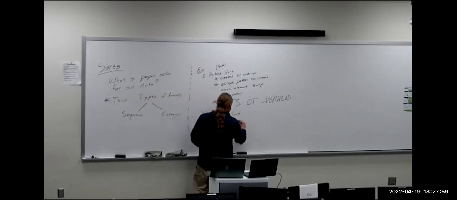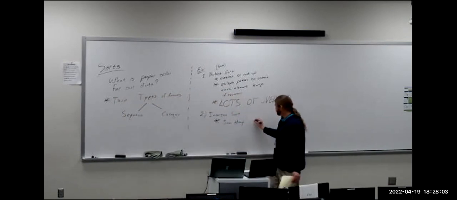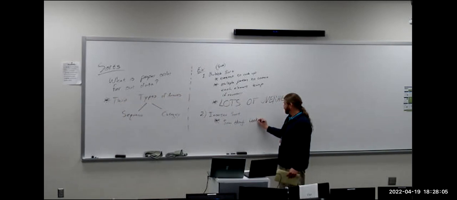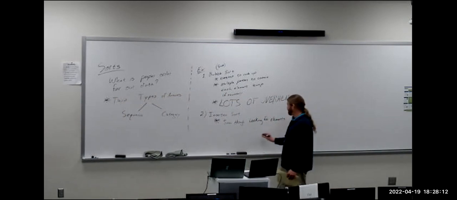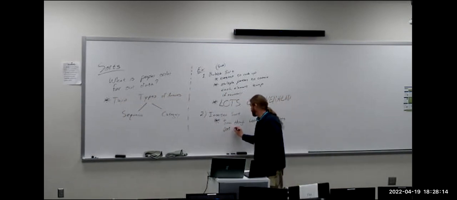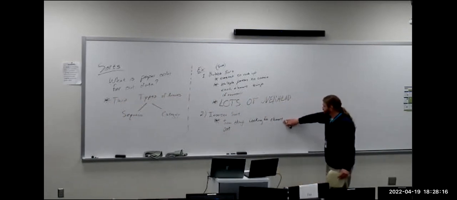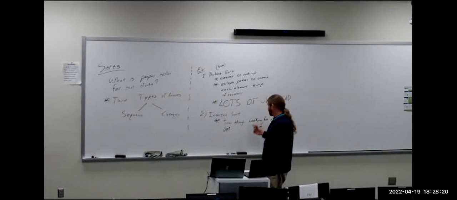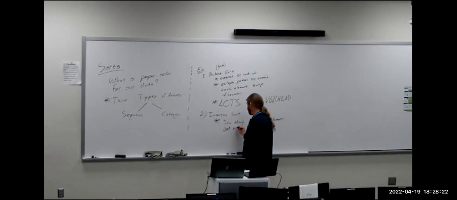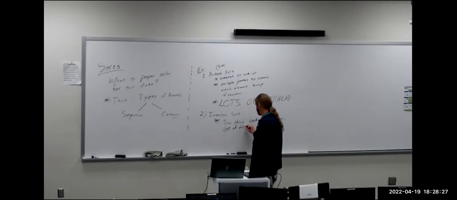Scan through, looking for elements out of order, which we obviously have to do one at a time because it's a machine. Look for an element out of order. Put it where it goes.